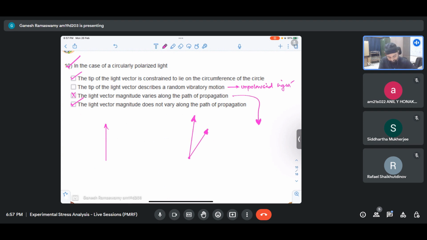If we put in light at equal inclination to that datum, both amplitudes become equal with a phase retardation of pi by 2, which implies that it will be circularly polarized. So that is how we make circularly polarized light.